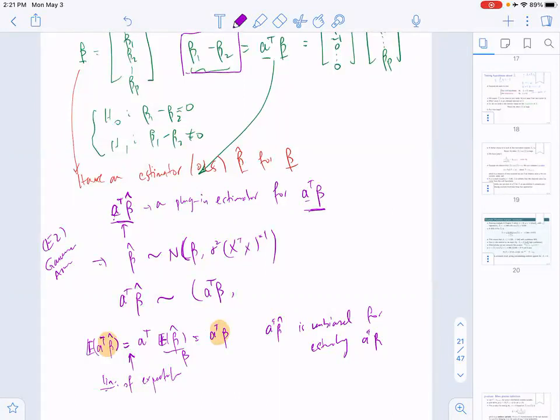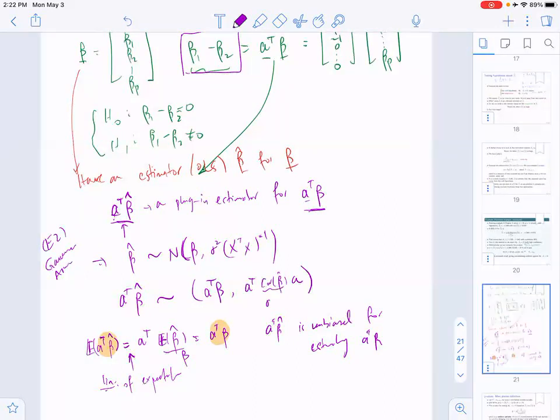Is it the covariance of A transpose beta hat? Can you say that again? A transpose covariance of beta hat times A. Yes, that's the formula.